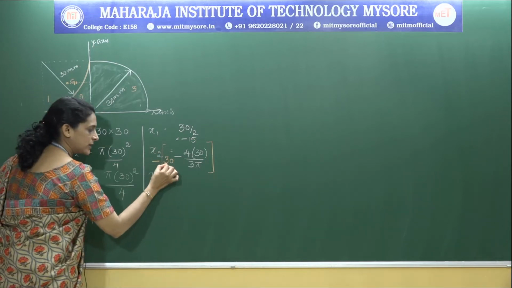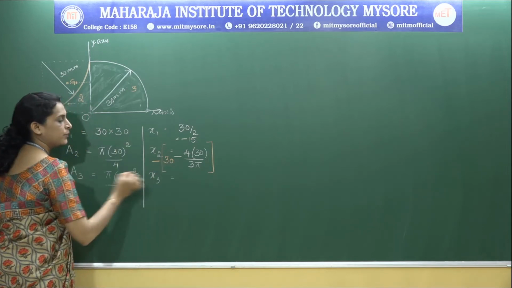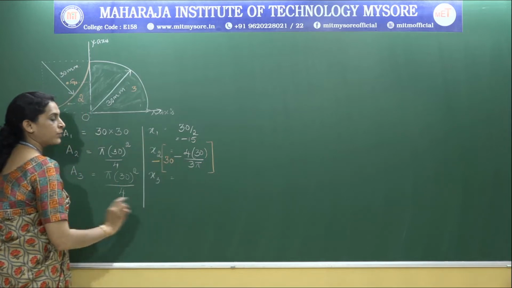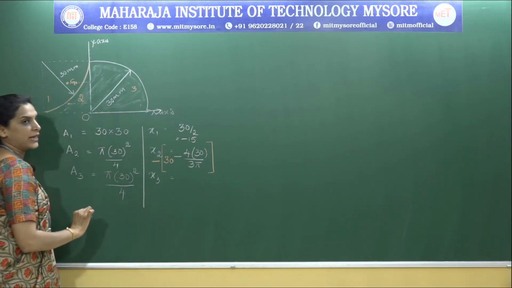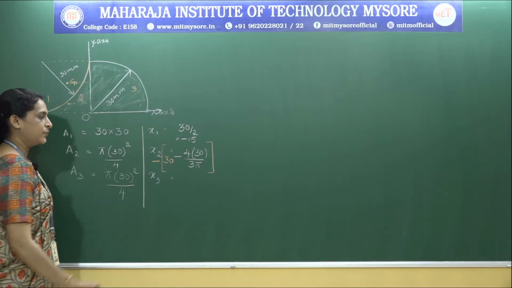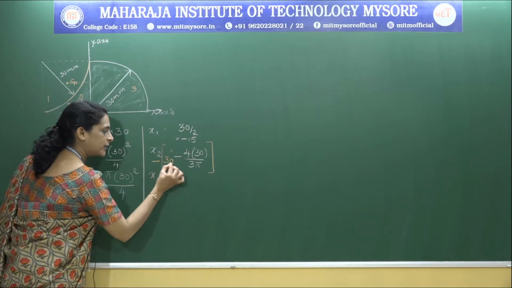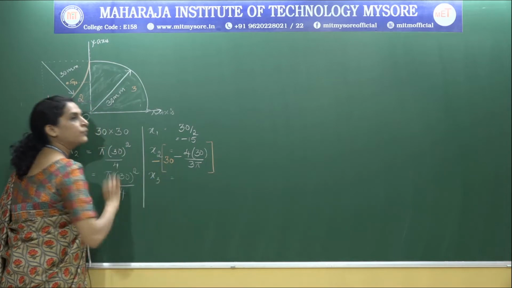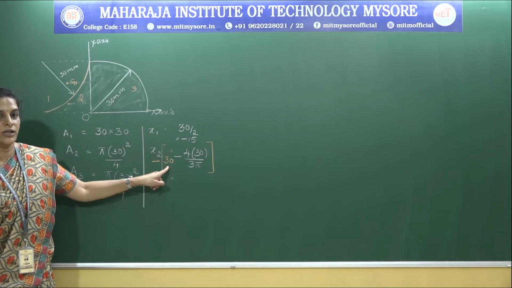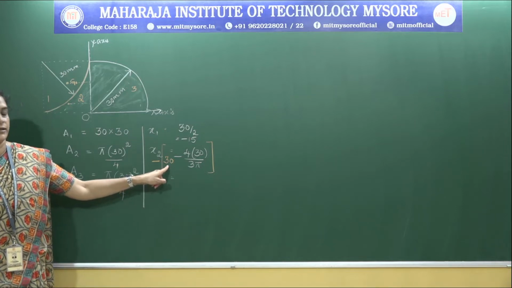So, this is the rectangular distance. And we are subtracting 4r by 3 pi, prefixed with a negative sign as it lies to the left of the axis. I have just highlighted it with a color chalk piece. I have highlighted it with an orange color so that we just don't get confused with the things.